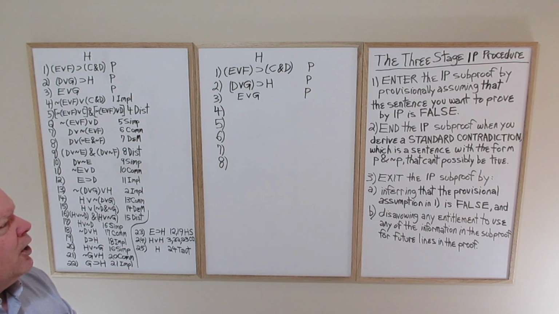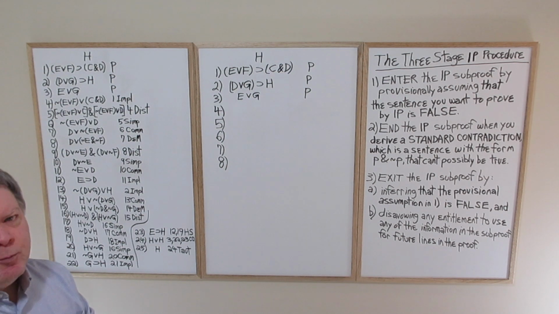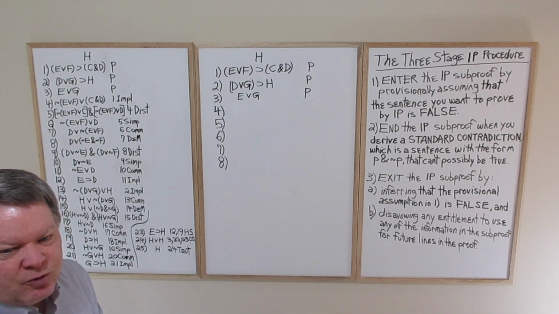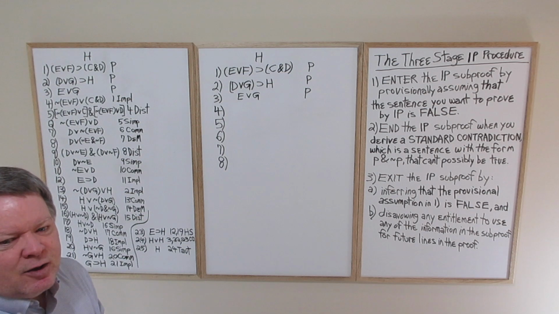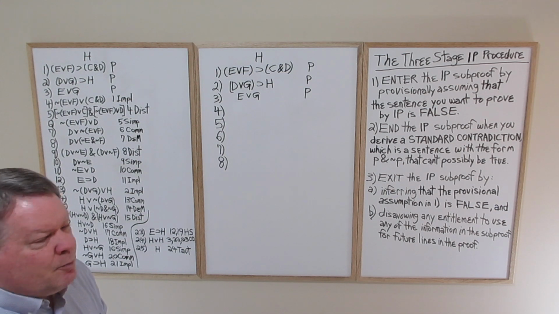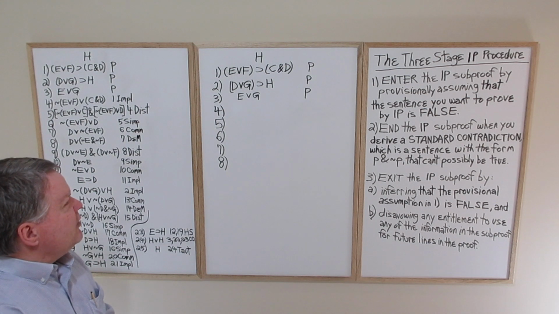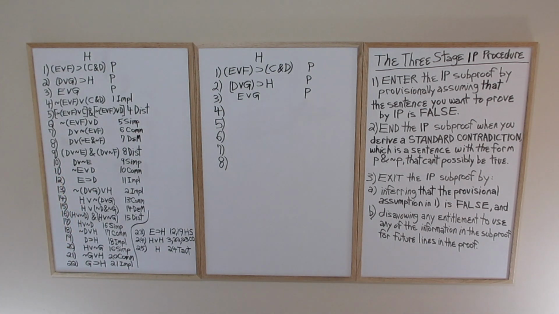We can, though, use the IP sub-procedure because the IP subproof procedure can be used to derive any sentence. Before we commence with the demonstration of the IP subproof procedure, let's quickly consider the alternative when we limit ourselves to the 8 basic and 10 equivalence rules.